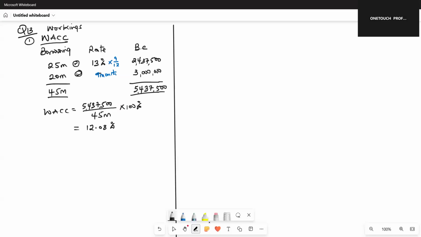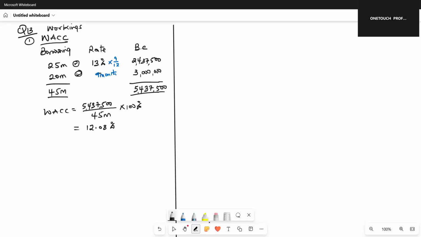So this work is a bit different from what we have been using. What we have been using, they will tell us that the borrowing for the business at the end of the year was this and this. So we calculate the annual interest to calculate our work.